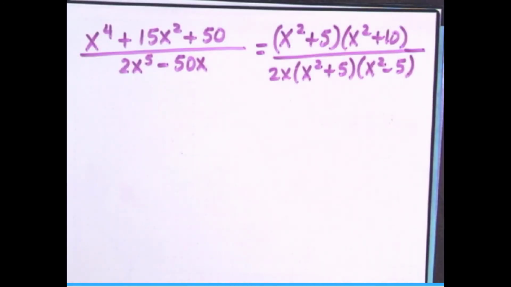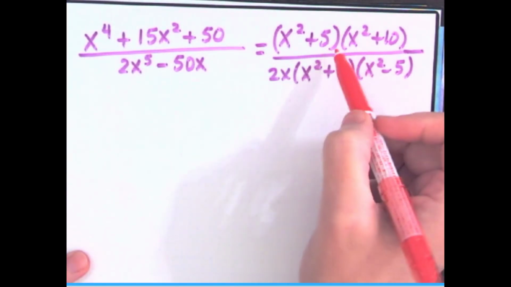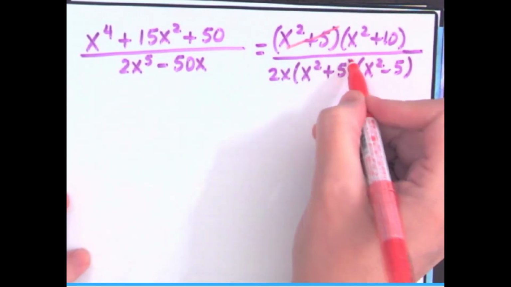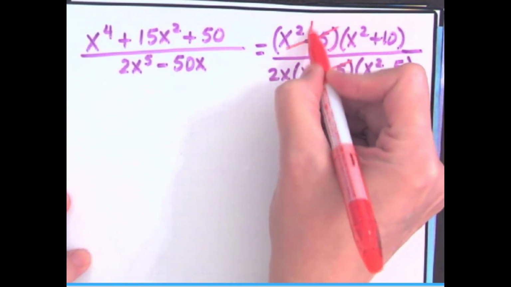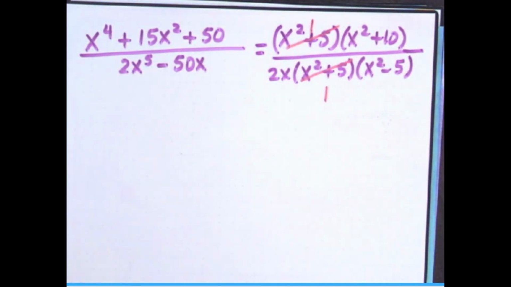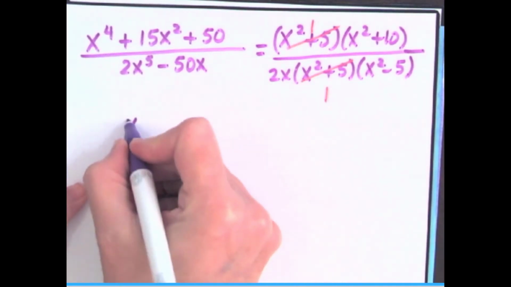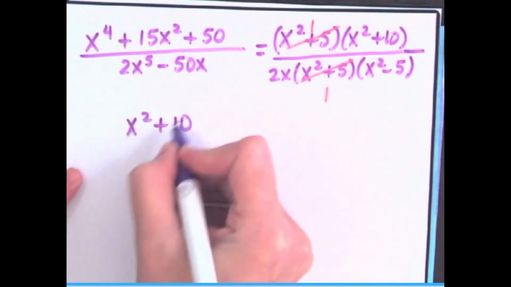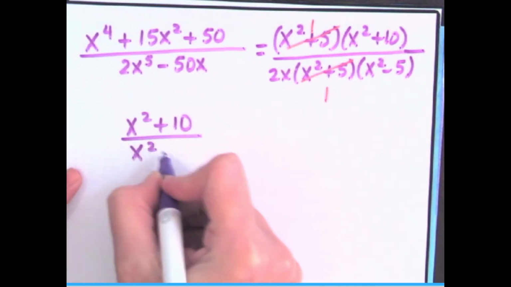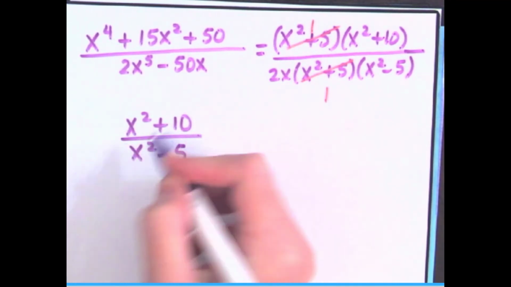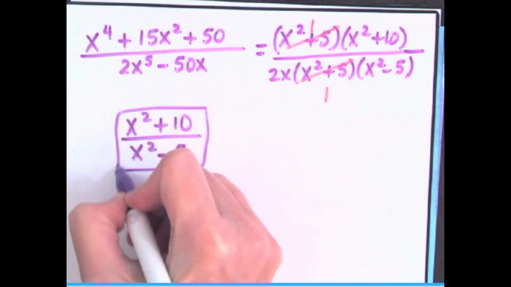Now that I have replaced my rational expressions with their factored form, I can cancel like factors. Here I have x squared plus 5 divided by itself is 1. So I'm left with x squared plus 10 over x squared minus 5 for my simplified answer.